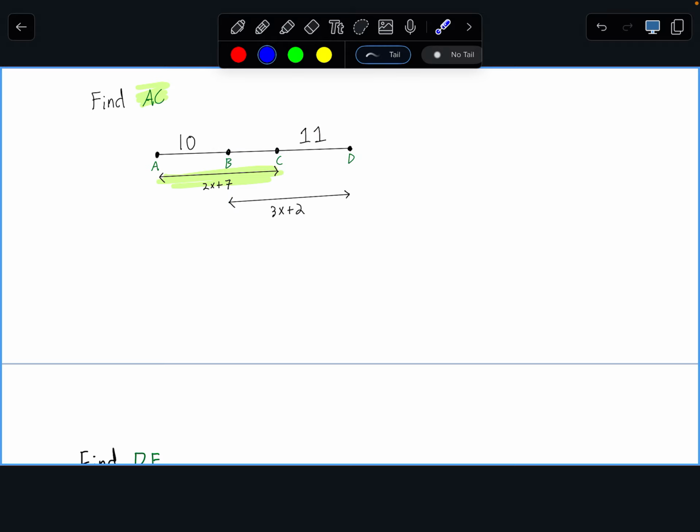So what do I know? I know that AD is the whole thing. And I can say that AC and CD equals the whole line, right? So I can say this is AC plus CD.